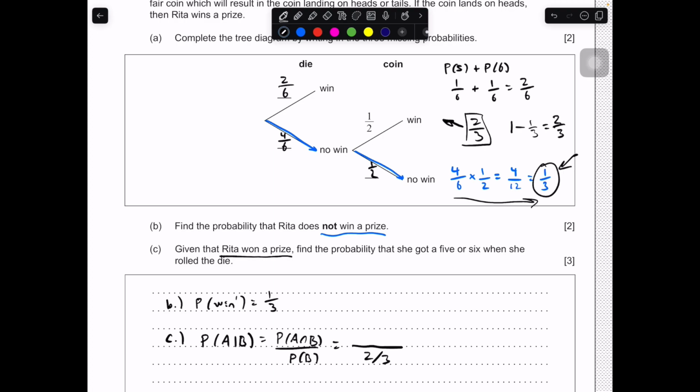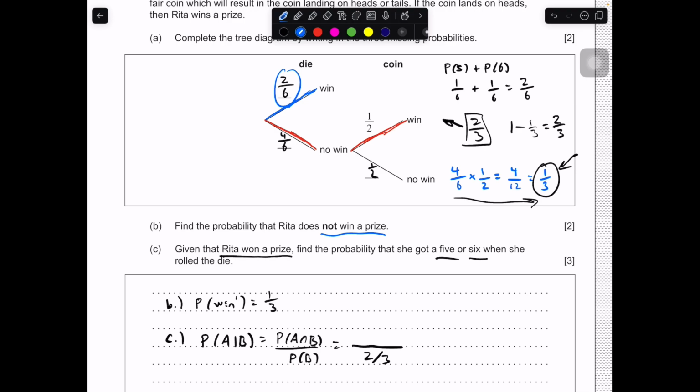So we're in the domain of her winning. What is the probability that she got a 5 or a 6 when she rolled the die? She can win one way, like this. She can not win on the first, and then she can win on the second. This is her winning a prize. The other way for her to win is this 2/6 of the time, where she just rolls the die first.